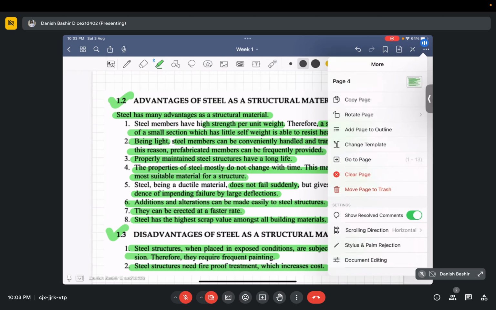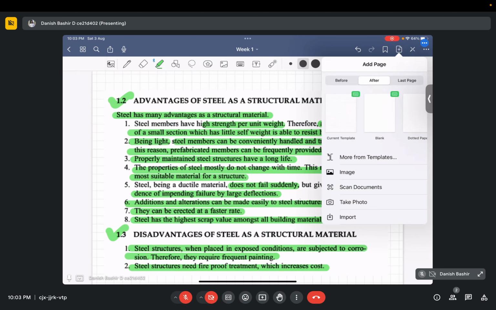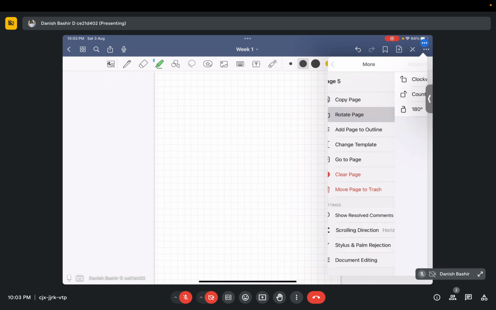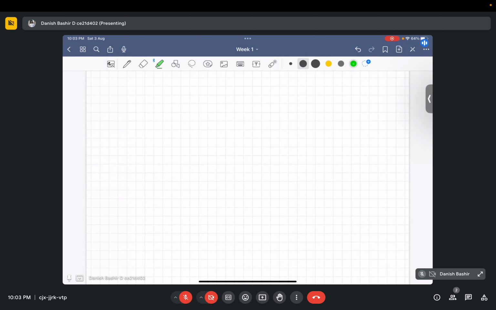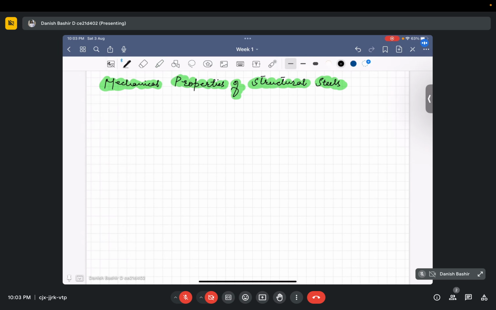There are different properties that we can discuss also: the mechanical properties of structural steels. What are the different mechanical properties?